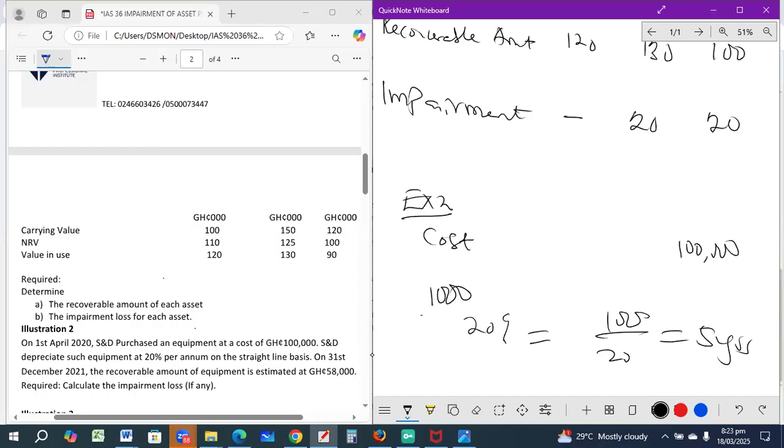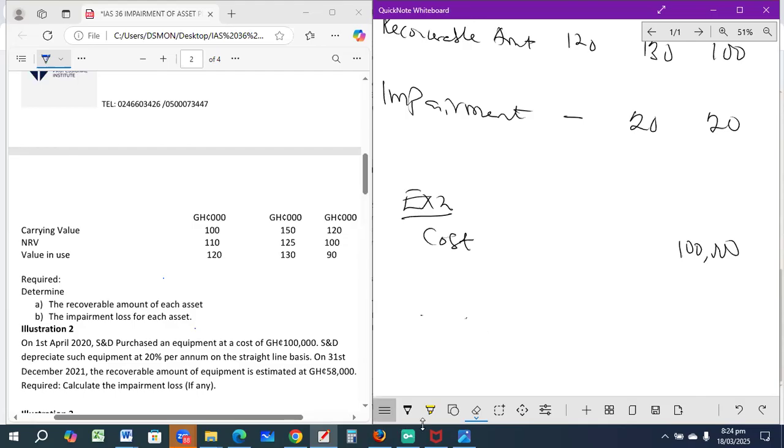On 31st December 2021, the recoverable amount of this equipment is estimated as 58,000. So we are to determine the impairment loss, if any. We have been given the cost of the asset and the depreciation method. Now, what do you need to do? We were given the recoverable amount on a certain date, 31st December 2021, which is 1 year after.